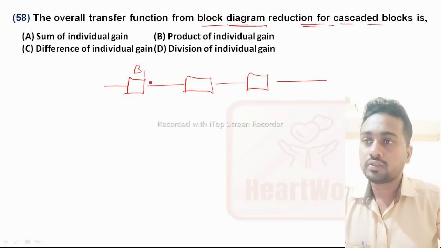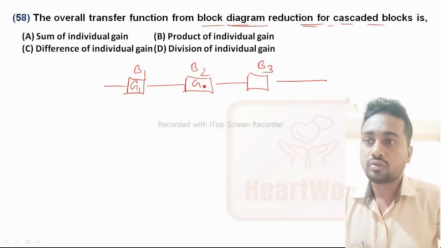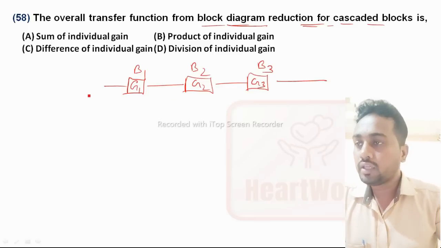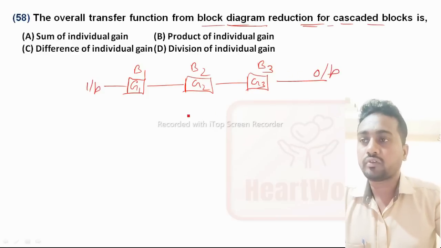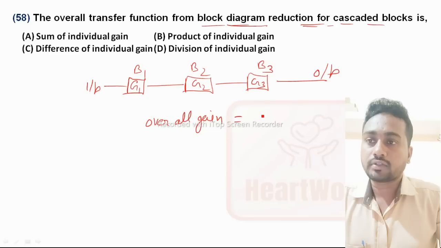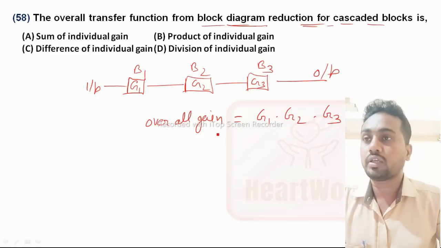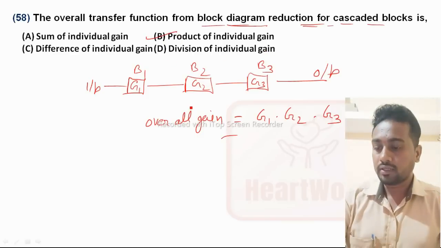This is block 1, block 2 and block 3, with gains G1, G2 and G3. This is the input side and this is the output side. For the overall gain, we multiply all the gains: G1 multiplied with G2, multiplied with G3, the product of all blocks. So this is option B, product of individual gains. Option B is the right answer.